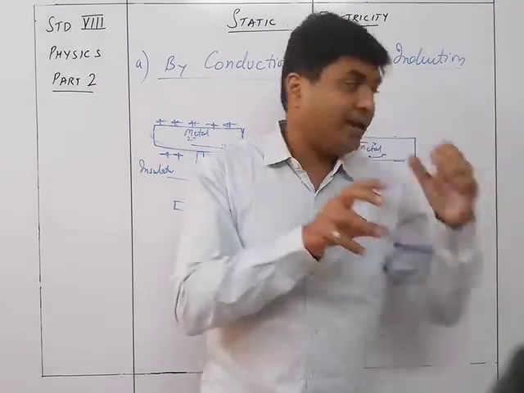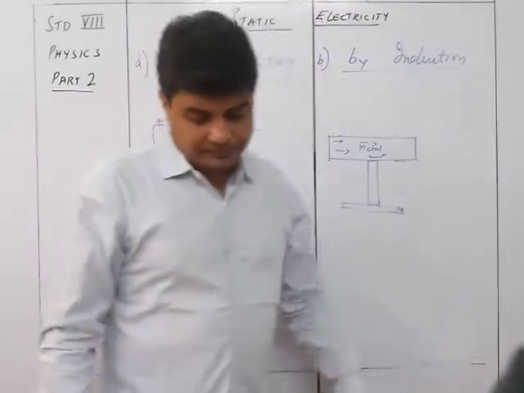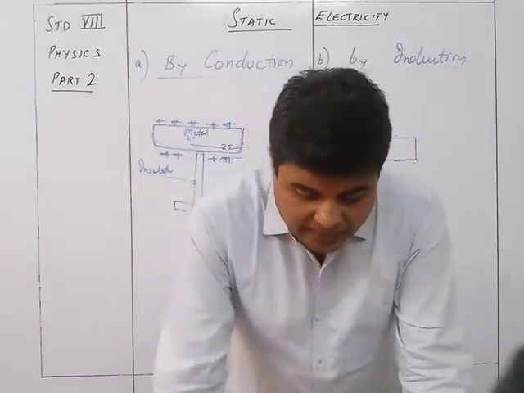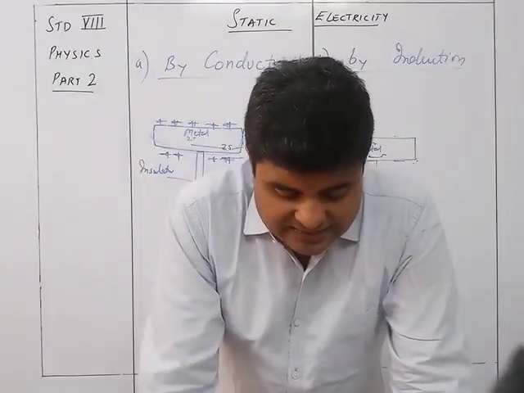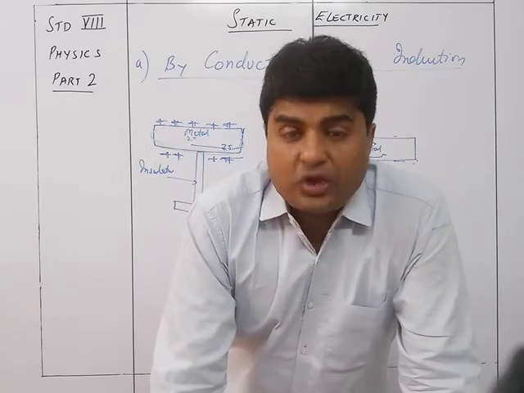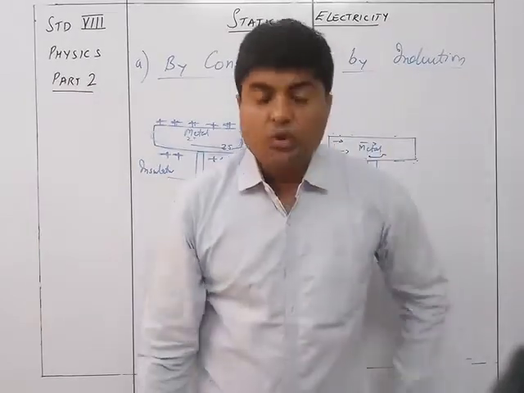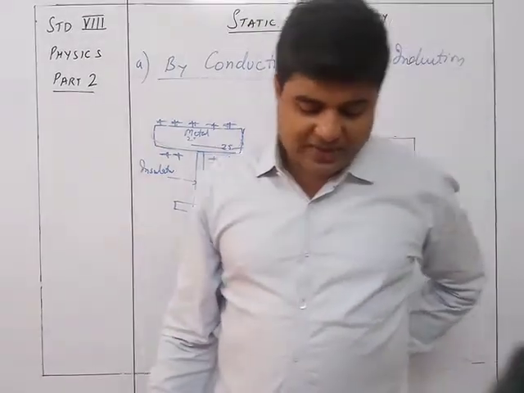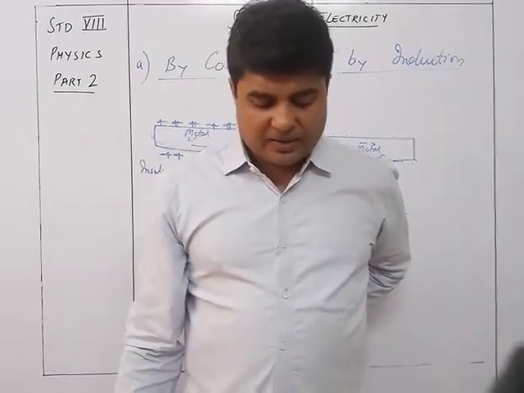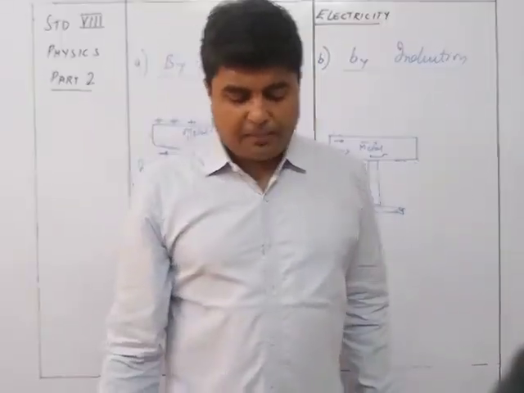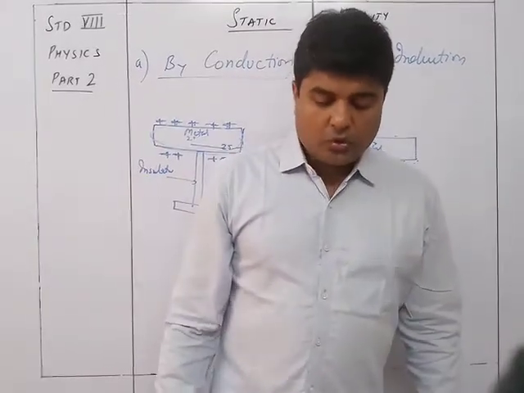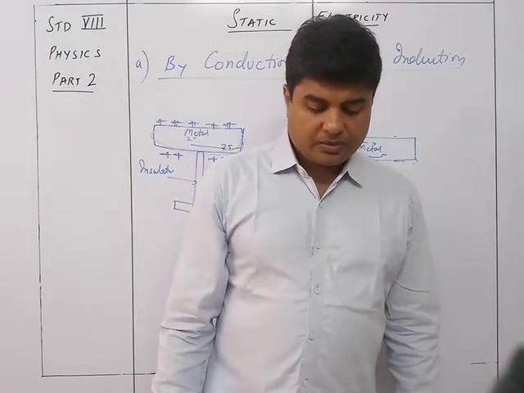They are just retained in this area. Thus, the end P becomes negatively charged as it gains the electrons, and the end Q becomes positively charged as it loses the electrons. On removing the glass rod B, the electrons of the metal rod A move from end P to end Q to neutralize the positive charge.